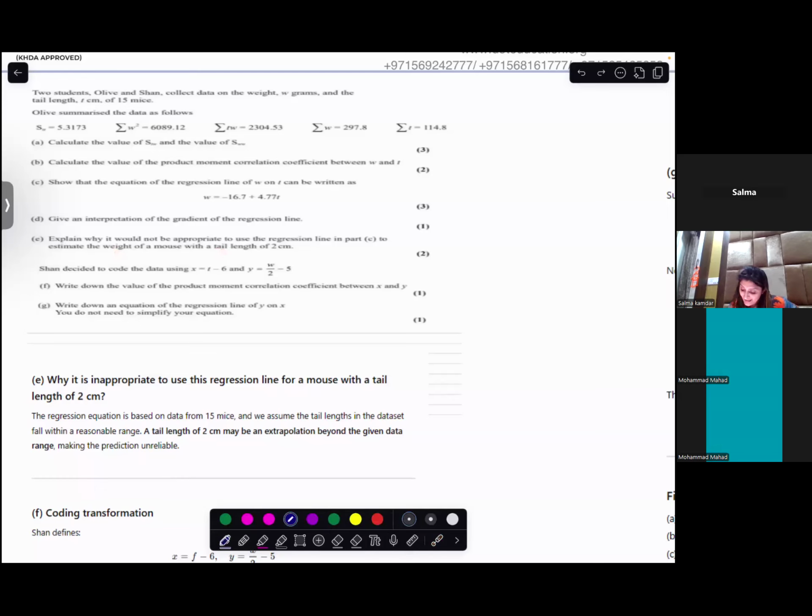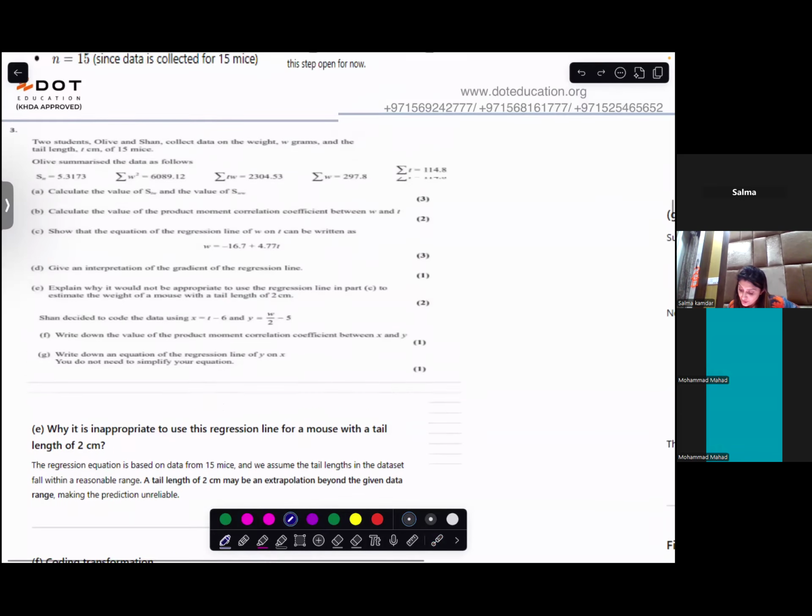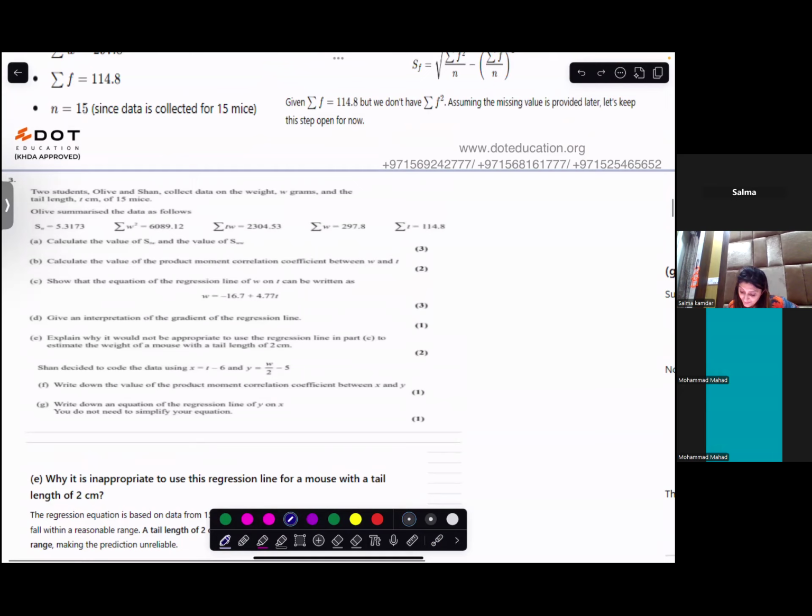Since you've asked why it is not going to be appropriate to use the regression line to estimate the weight of the mouse with a tail length of 2 centimeter, let's try to find the weight of a mouse when the tail length is 2 centimeter. Let's put W is equal to minus 16.7 plus 4.77 times 2. That is minus 7.16 grams, which is not possible.